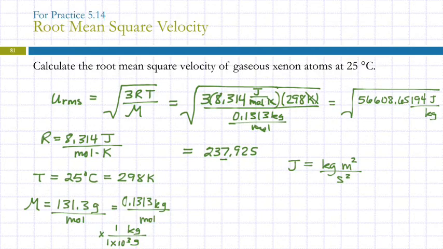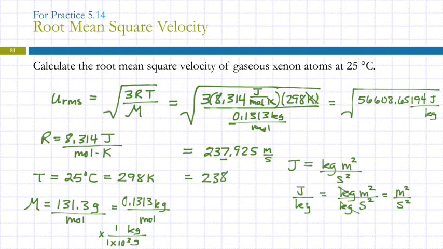So if I have joules divided by kilograms, like I do in here, that means I have the kilogram meter squared per second squared divided by kilograms. So that gives me meters squared per second squared. When I take the square root of that, I get meters per second. So the unit on this rate of speed here is meters per second. So 238 meters per second.